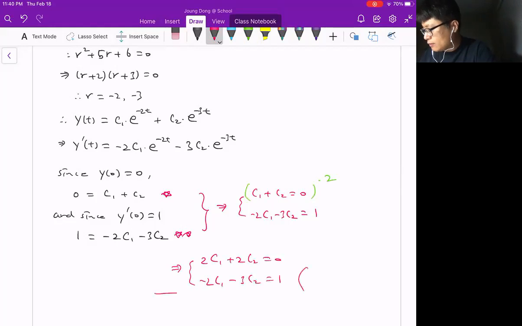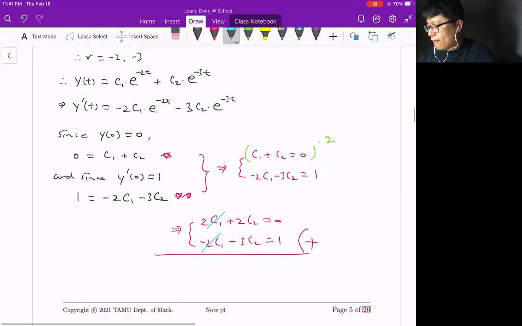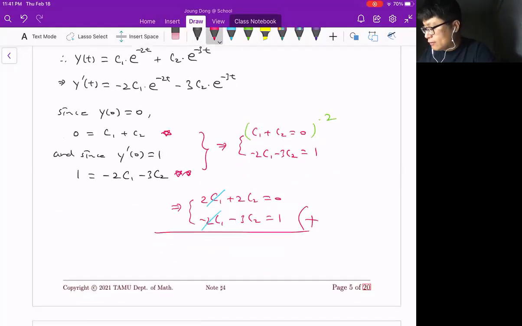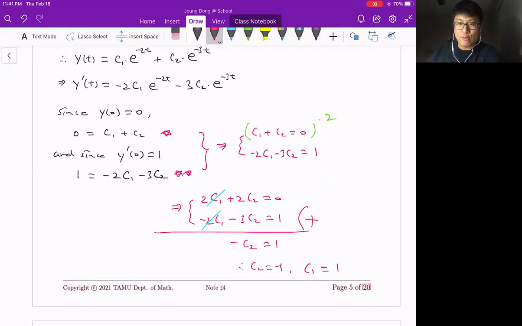Then add them up, and c1 will be gone. Then you have only negative c2 equal to 1, so c2 is negative 1. Then when you plug it back in, you can easily find c1 must be equal to 1, because c1 plus c2 equals 0. And this is the way to find c1 and c2.